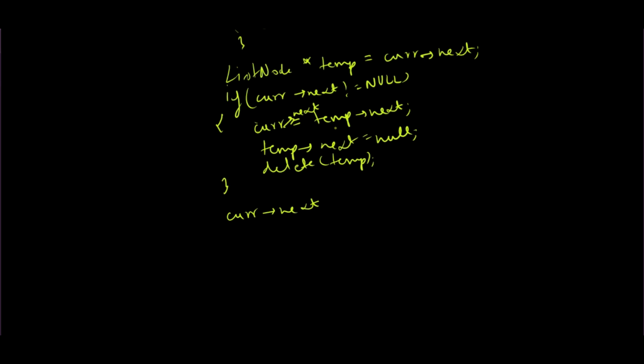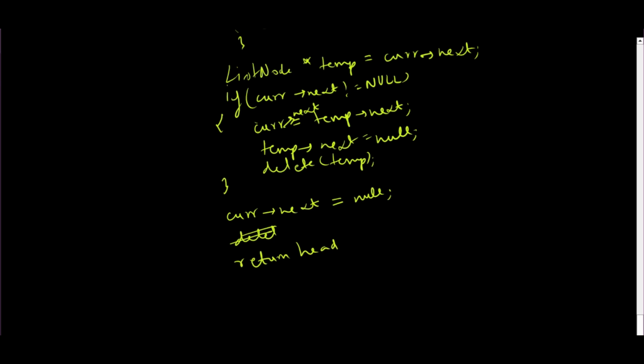So in this case we will do current next equals null, and we don't need to delete temp because temp is already null. And we'll simply return head, and we'll close this.